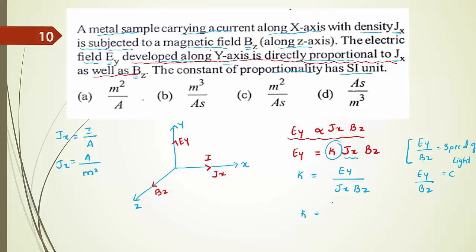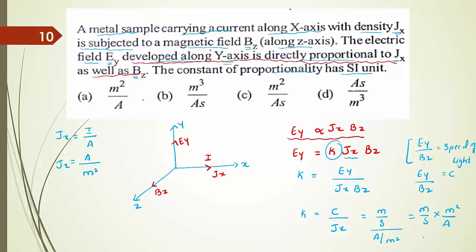Now substitute all the values here. Ey over Bz is C, divided by Jx. C indicates speed of light, measured in meter per second, divided by Jx, measured in ampere per meter square, or we can write meter per second into meter square per ampere.